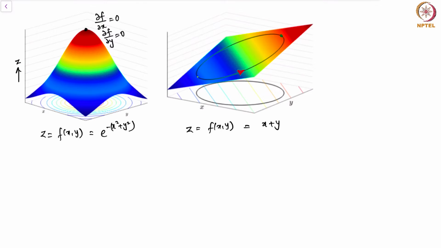Now, what's the key idea here? The key idea is that you have to first of all stay on the function f of x comma y, which means that you are on the surface. Okay, that's the colored surface. And then you also have to stay on the constraint curve. Okay, shown with the black line.